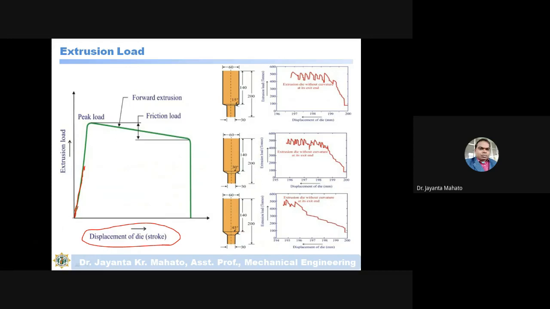Initially the load is zero, then it increases and reaches the ultimate peak load. Then the load either remains constant or falls down to some extent.